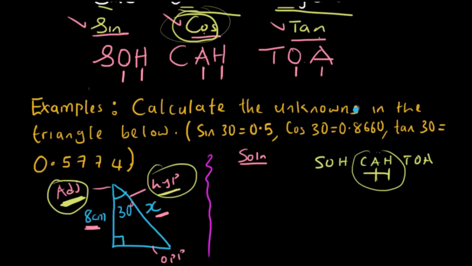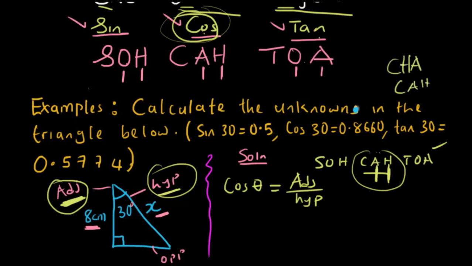So let's write the formula for cos. Cos theta equals what? Adjacent over hypotenuse. That's why you need to remember so, ka, twa. It's adjacent over hypotenuse, not hypotenuse over adjacent.